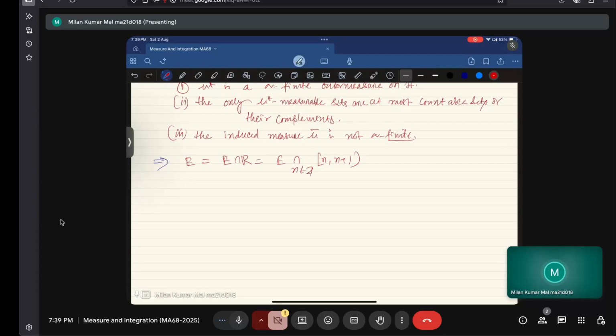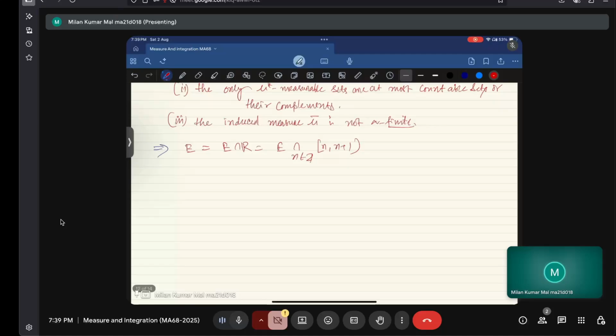This is countable, so there is no problem. So that equals the union over n in Z of E intersection [n, n+1).